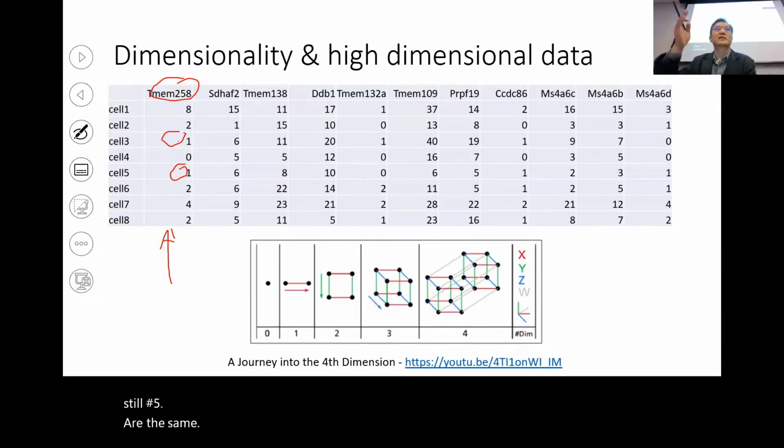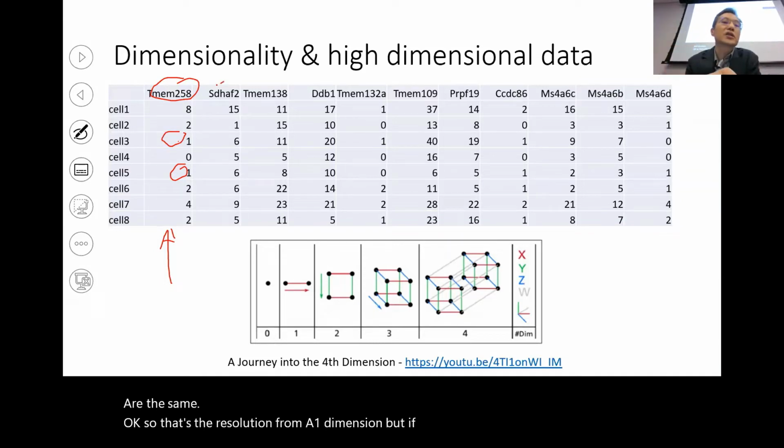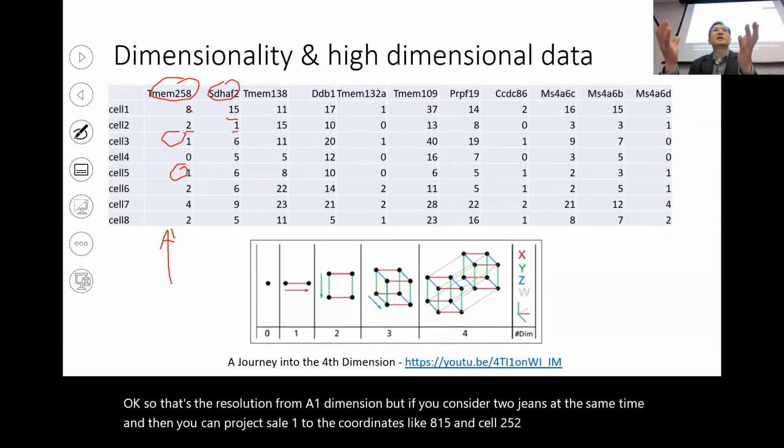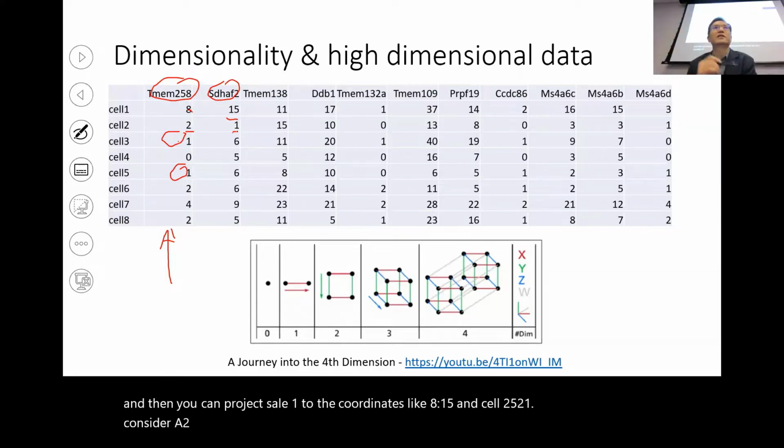Okay, so that's the resolution from one dimension. But if you consider 2 genes at the same time, then you can project cell 1 to the coordinates like 8, 15, and cell 2 to 5, 21. Consider a 2-dimensional space. You will put these cells in that location based on the expression of 2 genes.